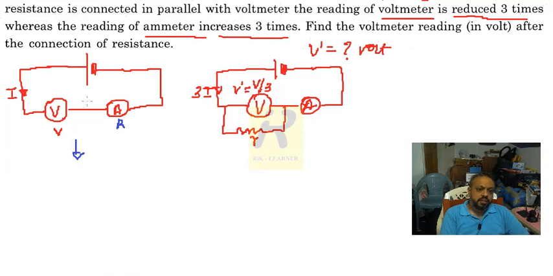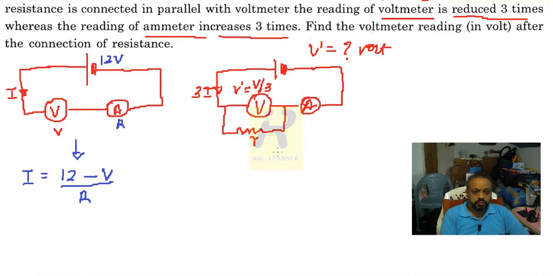So, what can I write for this battery? The EMF is 12 volt, which is given. So, I is equal to 12 minus this V, the whole divided by this R. This is how I can write the current in the first situation.